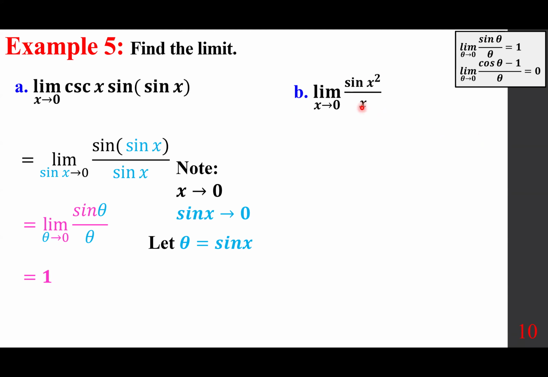How? You can say, okay, if it were x squared, we would be in good shape. So let's multiply this by x. If you're multiplying this by x, that means you're multiplying the denominator by x. So let's multiply the numerator by x also.